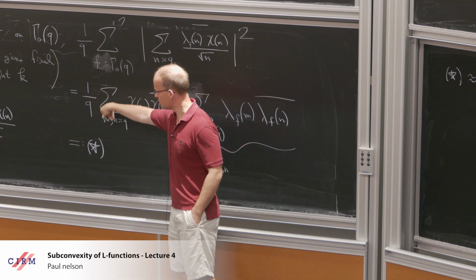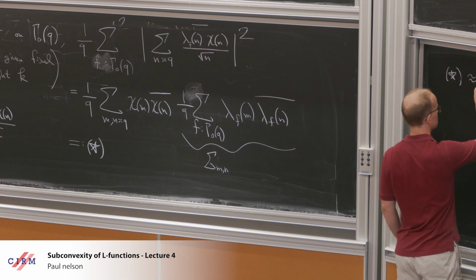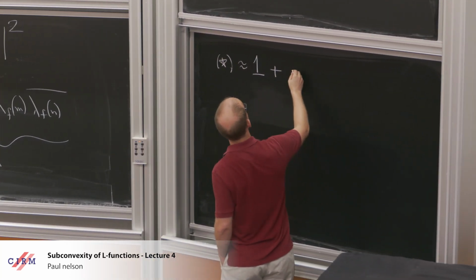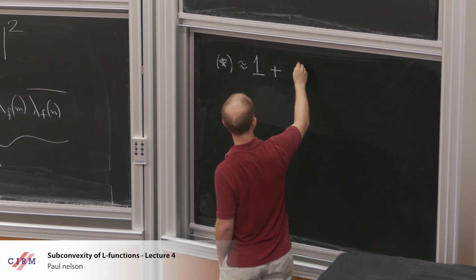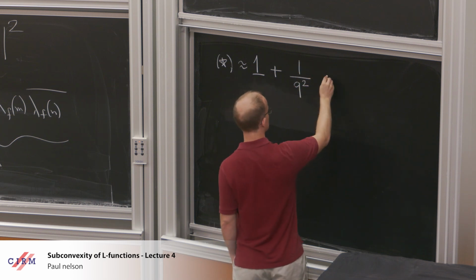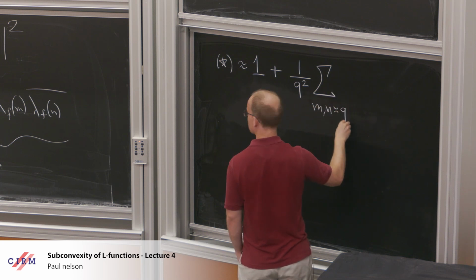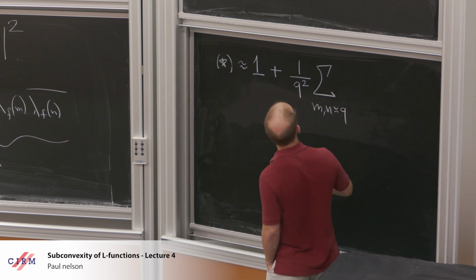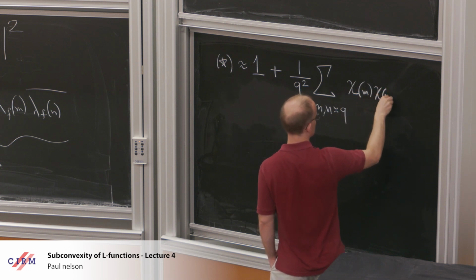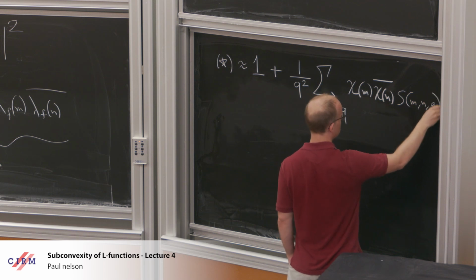So the diagonal contribution will be something like 1 after normalization. And then the off-diagonal term will be 1 over Q squared times the sum over m and n, each of size roughly Q, of chi of m, chi of n bar, S of m, n, Q.